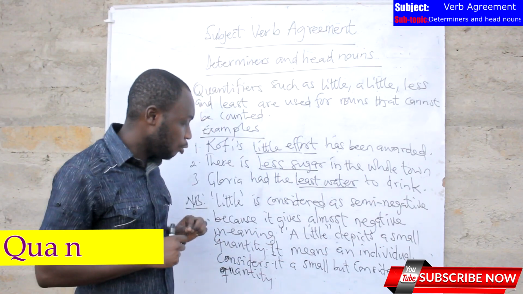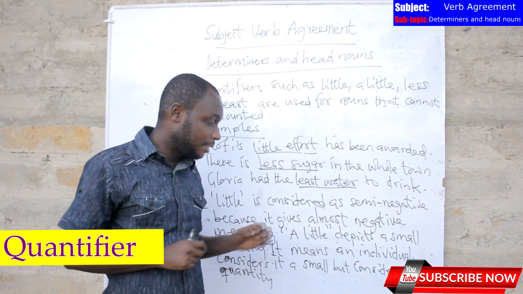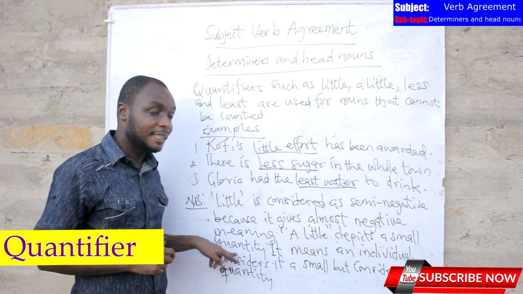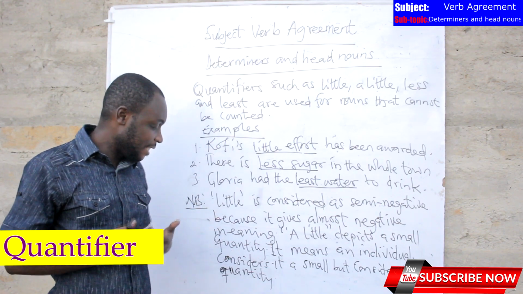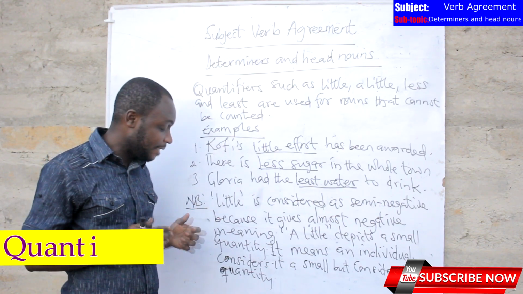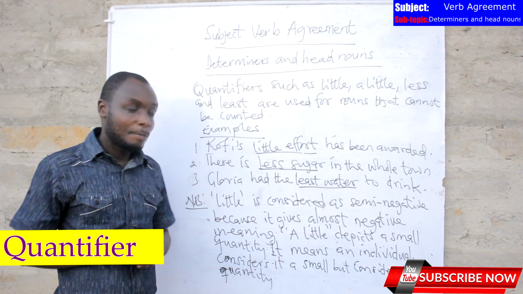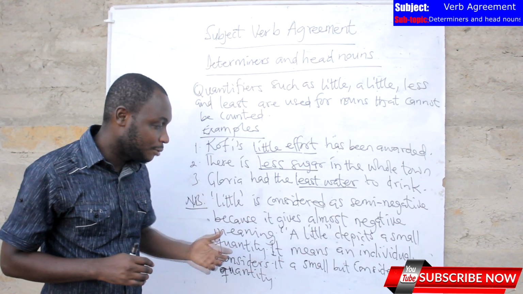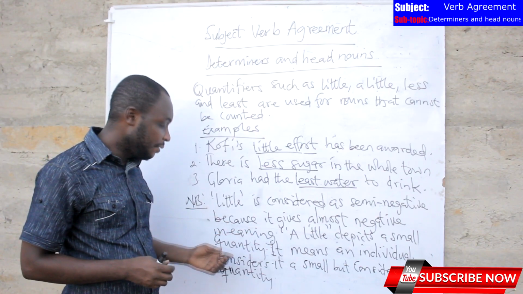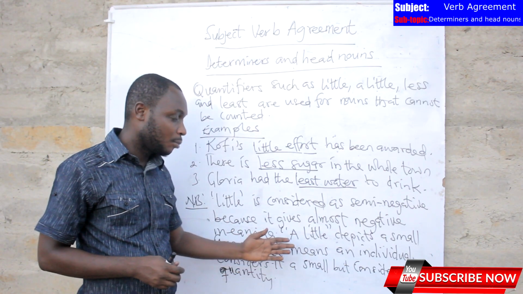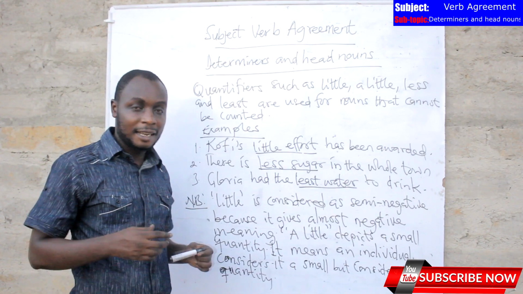And then when we also see a little, it depicts a small quantity. It means an individual considers it a small but considerable quantity, a little.